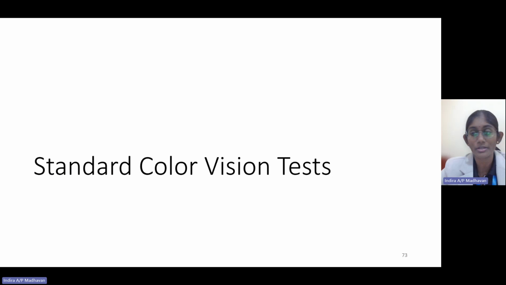So now we move on to the crucial part when it comes to the color vision topic, which is how do we do the assessment? A patient may come in with a complaint, and some patients can come in without any complaint. So how do we do the test for this patient, and how do we pick the correct instrument to perform this color vision test for the patient?